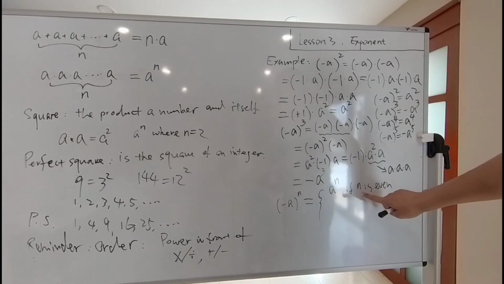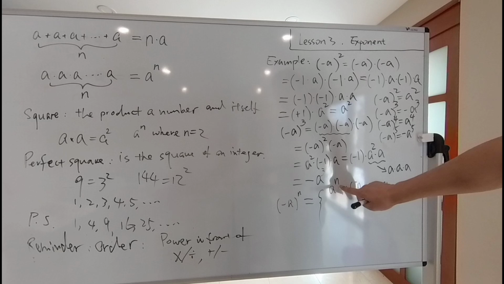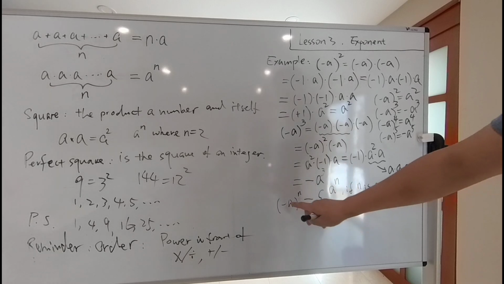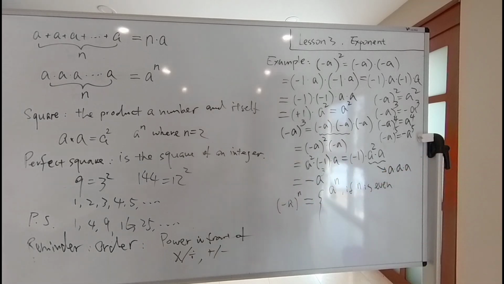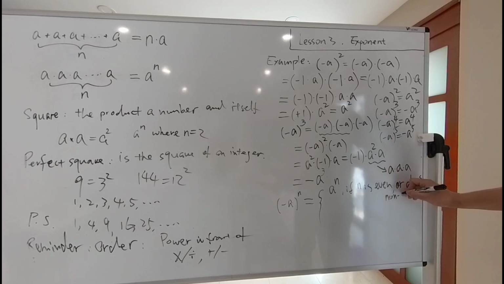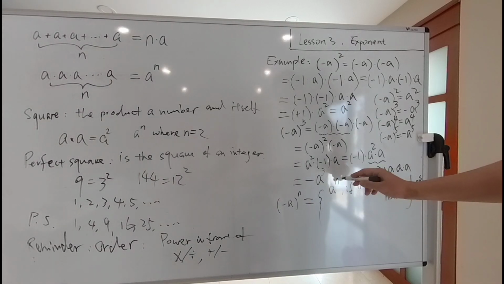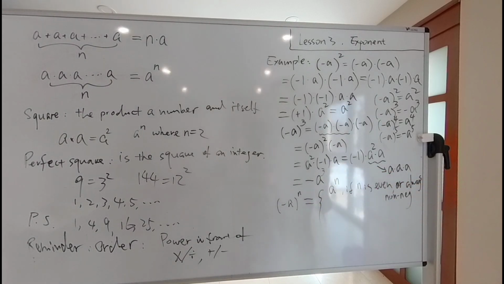So which means as long as n is an even number, or as long as your power is an even number, it cancels out your negative sign. Or in other words, this number is always non-negative. Basically the even number of power always gives you a non-negative result.